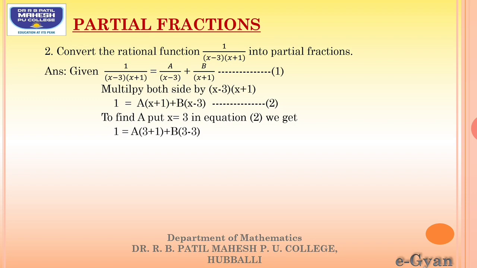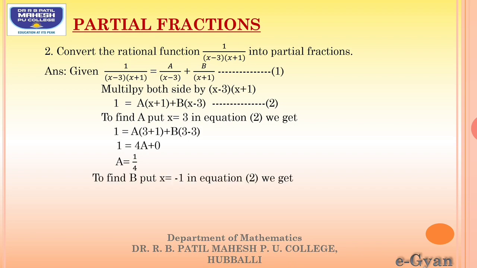So we get 1 equal to a into 3 plus 1 plus b into 3 minus 3. Now this implies 1 equal to 4 times a plus 0, therefore a equal to 1 by 4.